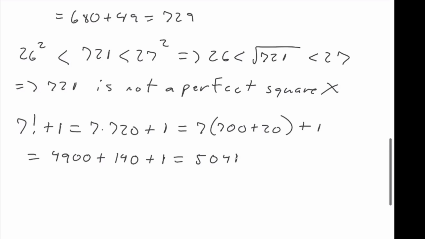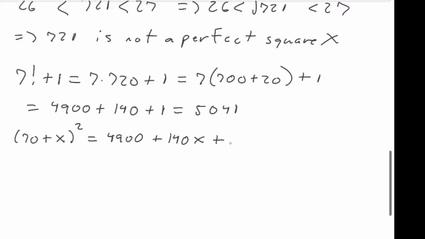But look, this looks very similar to if I were to look at 70 plus x squared, because of course it's 70 plus something squared. So this is going to be 4,900 plus 140x plus x squared. And look at this.